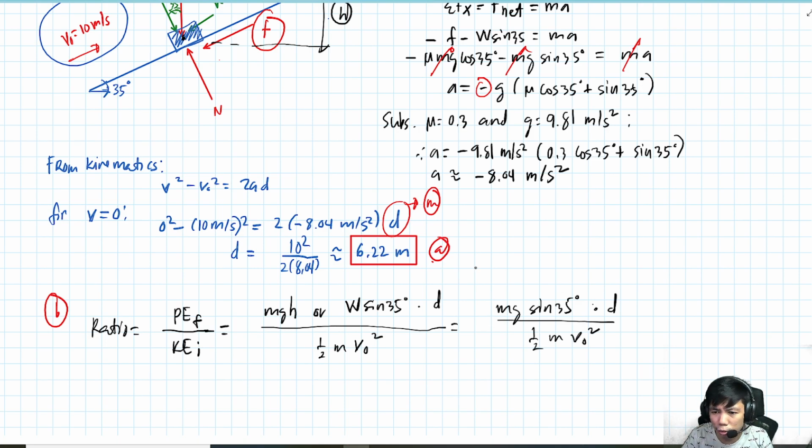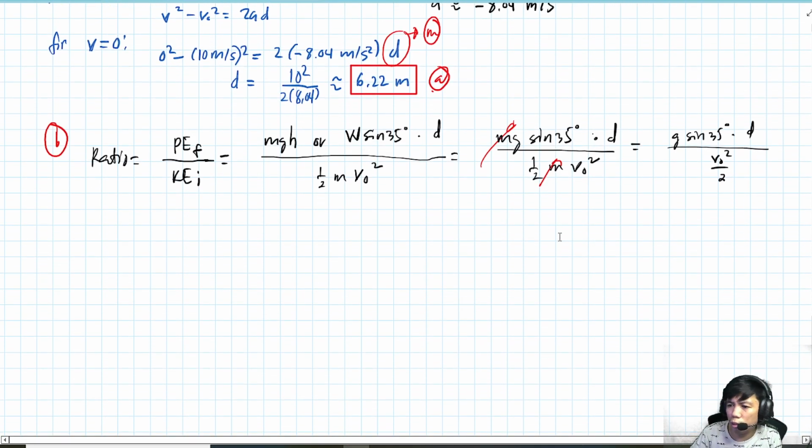So, cancel dito guys yung ating mass. Basta guys, pag walang given na mass sa problem, lagi siyang magka-cancel. So, ang natira is g sine 35 degrees times the distance over v sub o squared over 2.